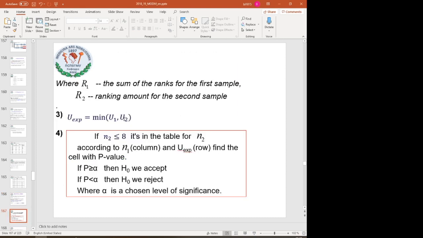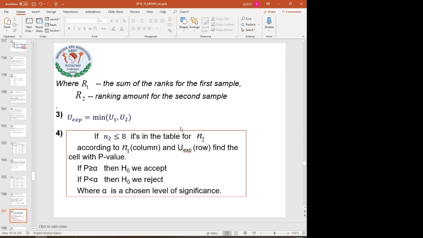After that we take a minimum again from those two values, and with those minimums we will go for finding critical value or p-value.